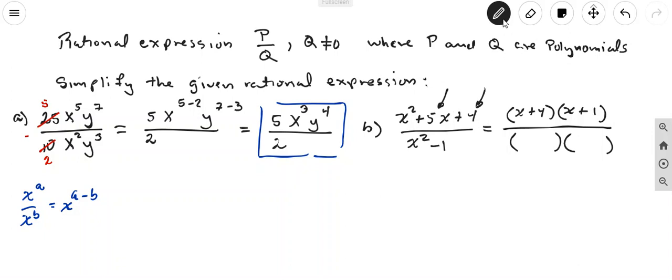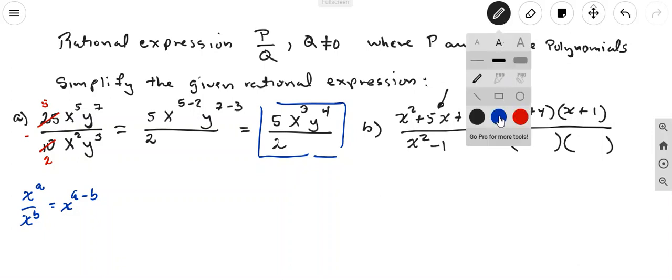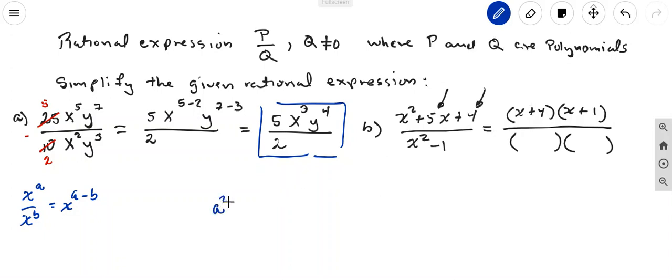Now, when you want to factor the difference of squares, you have to remember that when you have a difference of squares of the form a squared minus b squared, the factors are going to be a plus b times a minus b.